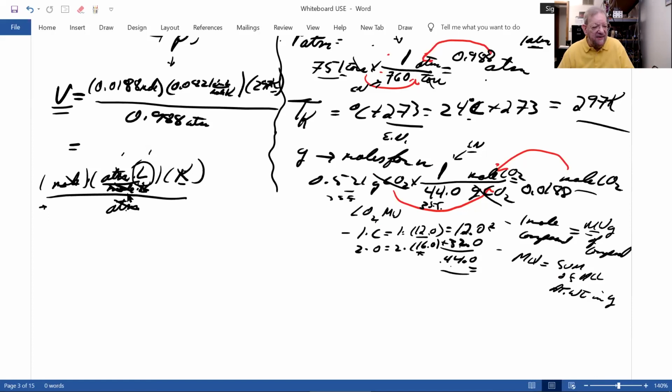And then here I have Kelvin divided by Kelvin, that cancels out. So this whole part here and these right here are canceled, gone. I'm left with atmospheres and liters. Atmospheres divided by atmospheres cancels out, and the only thing left standing unit-wise is liters. So I know I did it right because volume units should be in liters.